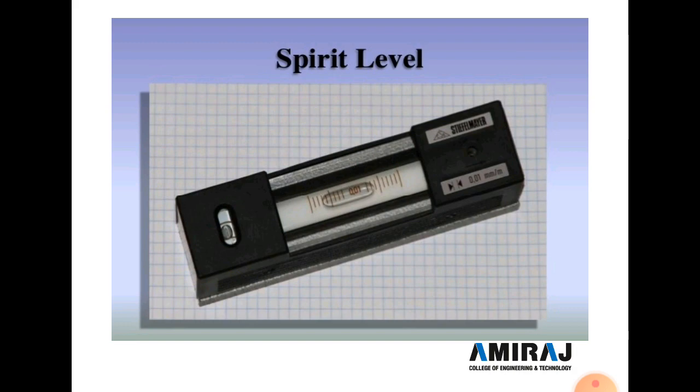When the bubble is at the center of the spirit level, it means your plane table is perfectly leveled. If the bubble moves in a left or right direction, it means your plane table is not perfectly leveled, clear.